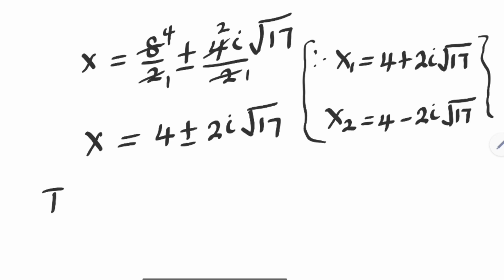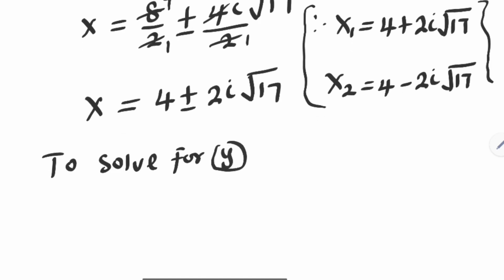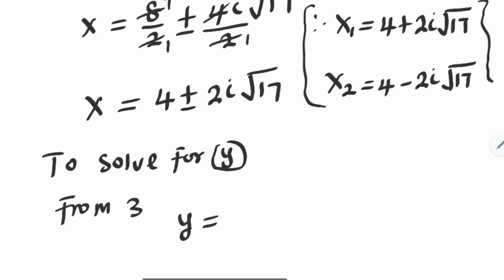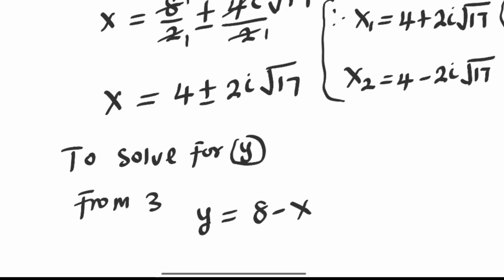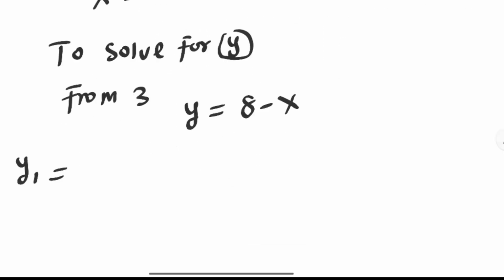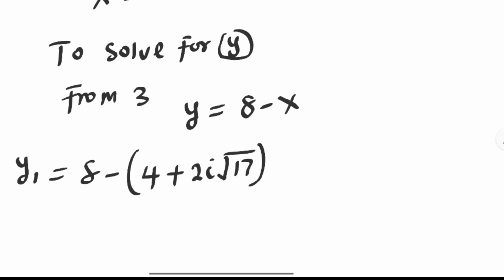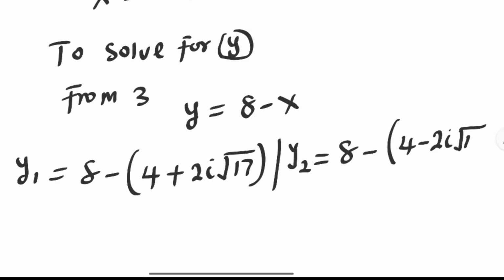To solve for y, from equation 3, y is equal to 8 minus x. y1 is equal to 8 minus x1, which is 4 plus 2i square root of 17, and y2 is equal to 8 minus x2, that is 4 minus 2i square root of 17.